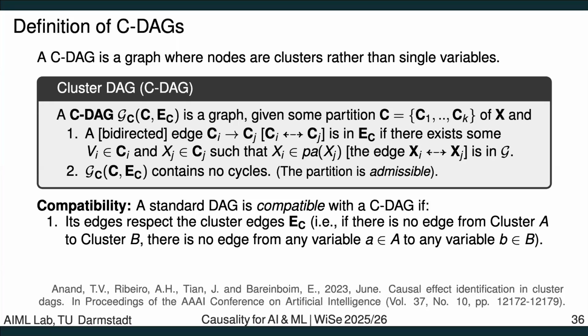Other than that, we really do this: if there is some variable in our cluster that has an edge to some variable outside of the cluster, then this edge will also be present in the high-level model from our cluster variable to this other variable, and the other way around.